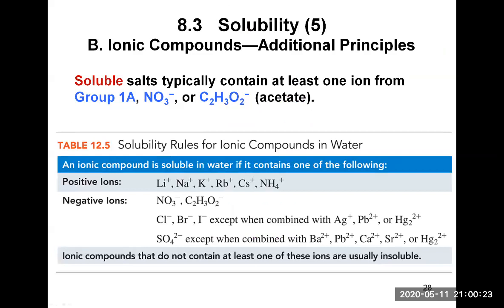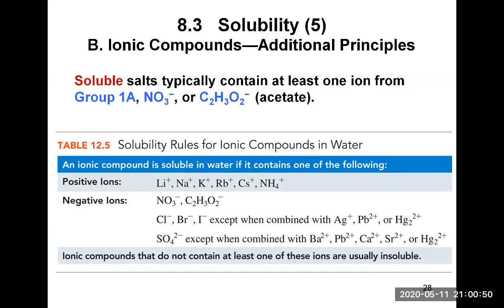So one last word about solubility. There are tables that have been made from observations. Scientists have observed whether ionic compounds were soluble or not, and they have established those tables that we call solubility rules for ionic compounds in water.